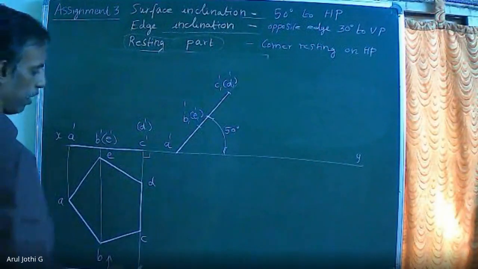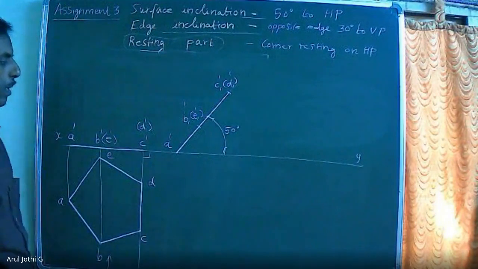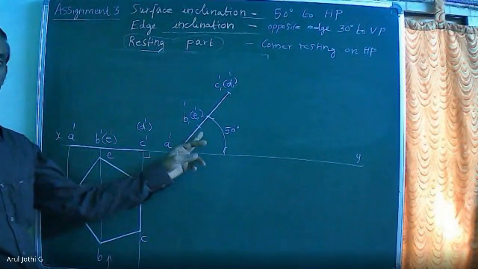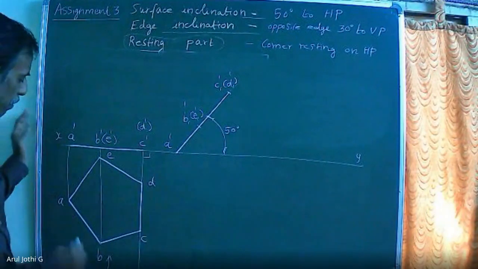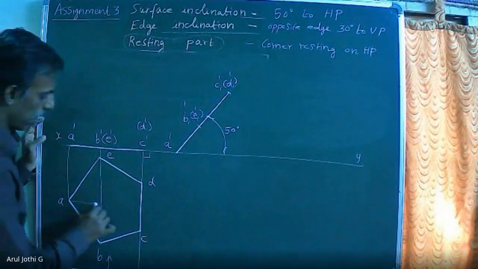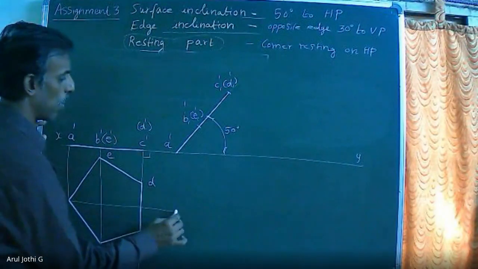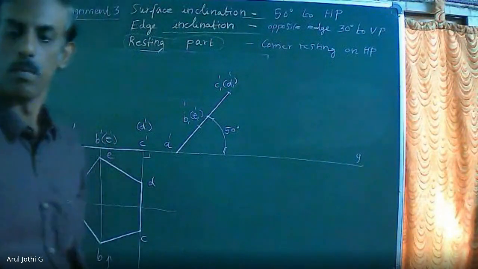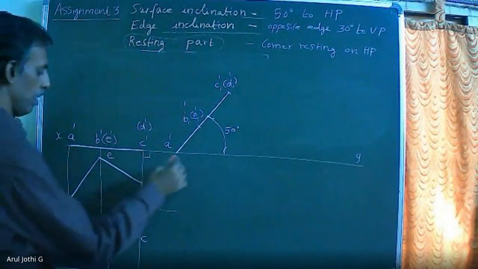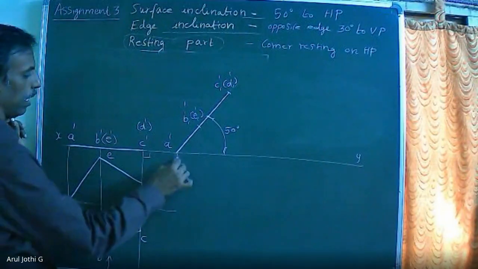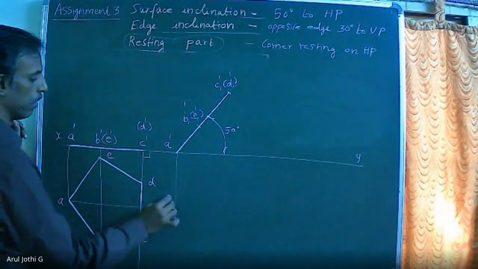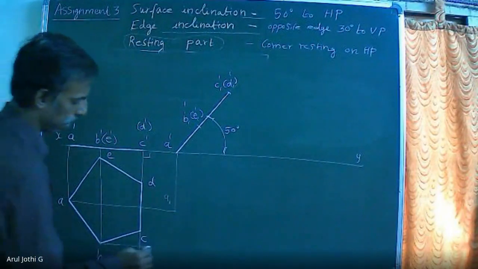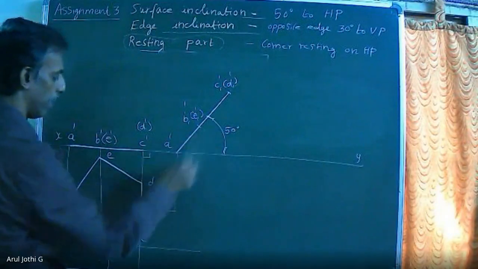Now we are going to draw the apparent top view. In the second stage diagram, the plane will be inclined 50 degrees to HP. For that, you are getting one apparent top view. Draw the projector lines. Extend the corner point A and A1 dash vertically. This will be A1. Similarly, extend the corner point B horizontally, B1 dash vertically.